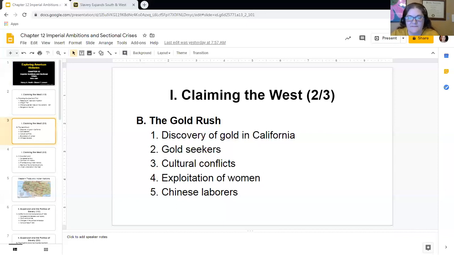This massive, massive influx of people exacerbated the existing tensions in the area between the newly arrived whites and the people who were already living in California, those Mexican ranchers, as well as, importantly, the local Indians who lived in the area, who had fragile but relatively peaceful relationships with the Mexican ranchers.